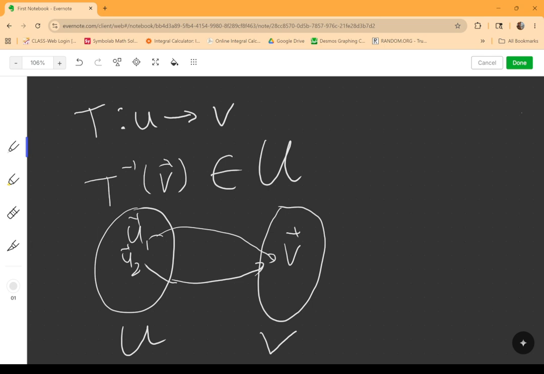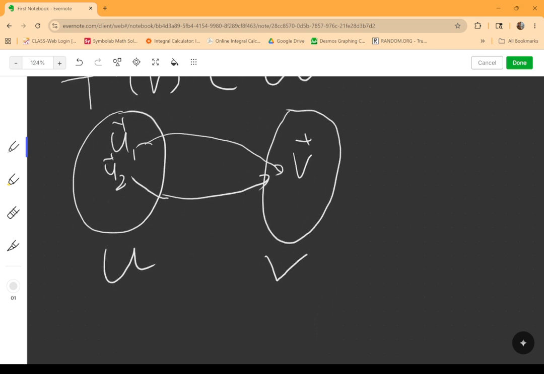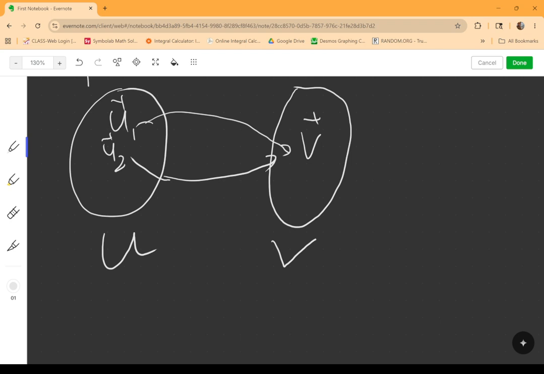Sometimes there may be more than one, sometimes there's exactly one, and sometimes there's none. Those apply to different types of linear transformations. So the preimage might be empty for a particular vector, not to say zero, which is different. In fact, we know one preimage: the zero vector.